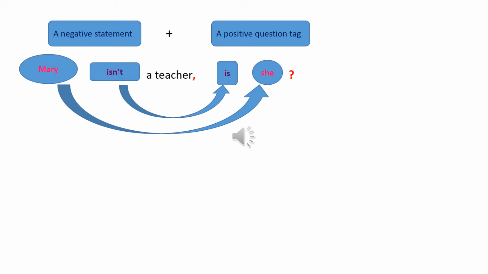Is not becomes is in the question tag. Is not, the negative, becomes is, positive. Okay, Mary is not a teacher, is she? Let's go to the third slide with more examples about this idea.